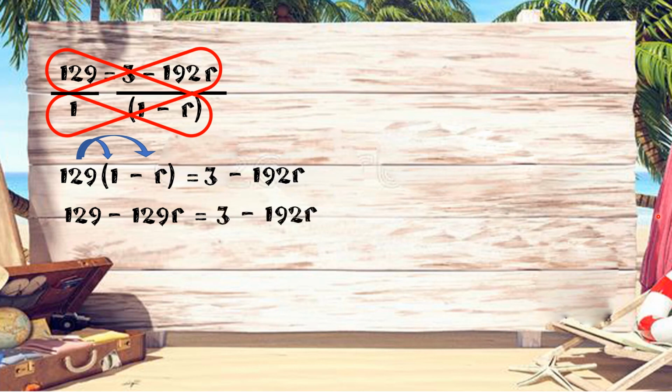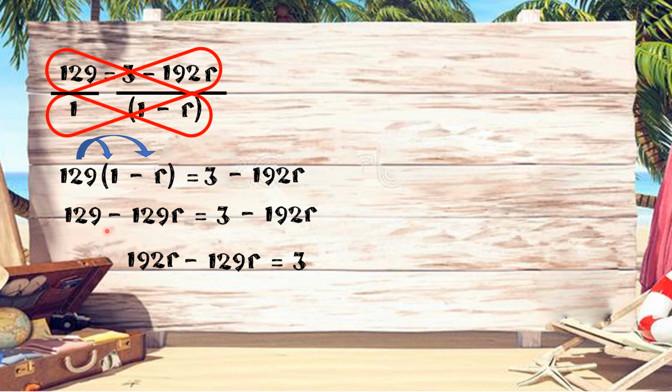And then, pagsamahin natin yung mga variables. So, yung 3 is still on the right side of the equation, and yung negative 129r is on the left side pa rin naman. Ayan, nandyan, and then, ito nasa kanan. We will transpose negative 192r to the left, so it will become positive 192r.